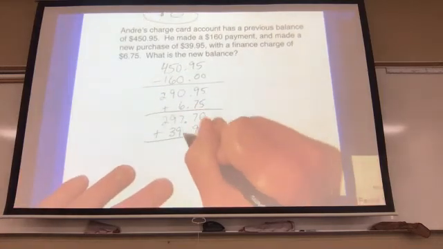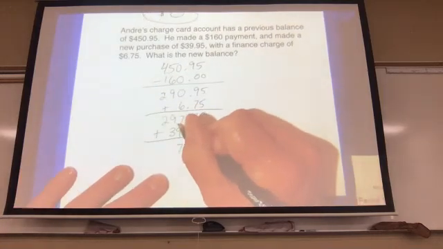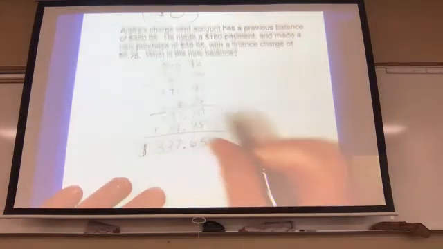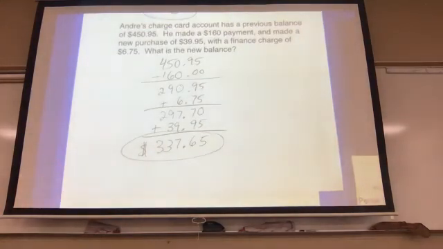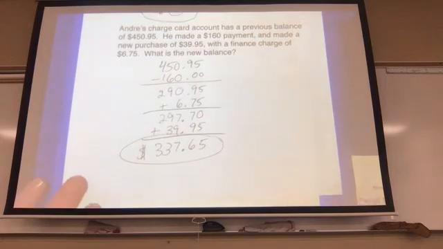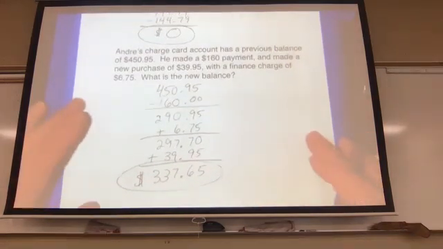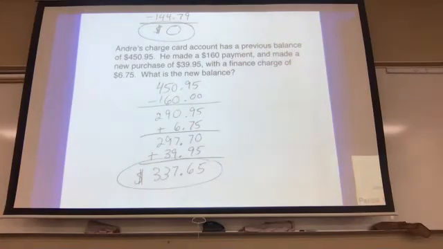When we add that on there, we're going to get $337.65. This amount at the end, that's the amount he now owes on his credit card, which is what we call the new balance. And that's all there is to it.